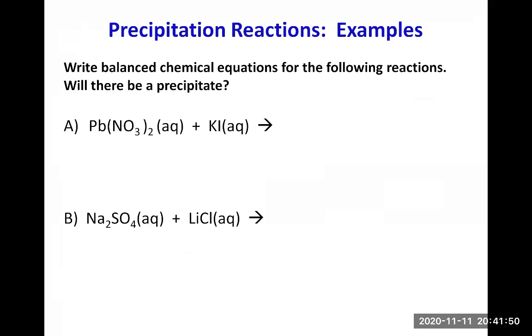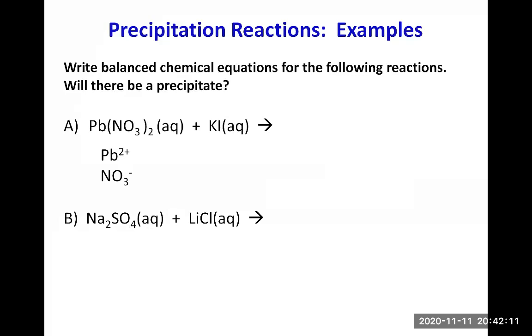Nitrate carries 1 negative charge. We have 2 of them, so 2 negative charges. So the Pb will have 2 positive charges to compensate for the 2 negative charges coming from the 2 nitrates. So those are the 2 ions here.